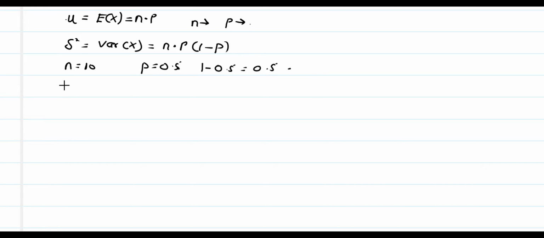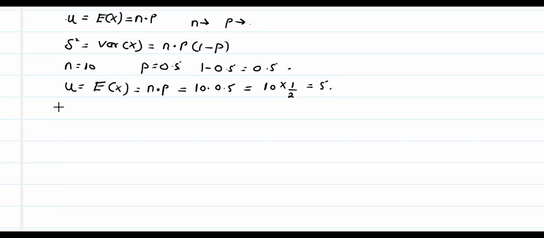So the mean mu, which is the expected value of x, is n multiplied by p. I already know n is 10 and the probability of success is 0.5. So it's 10 multiplied by half, because 0.5 is half, and it becomes 5. So the mean in this case is 5.